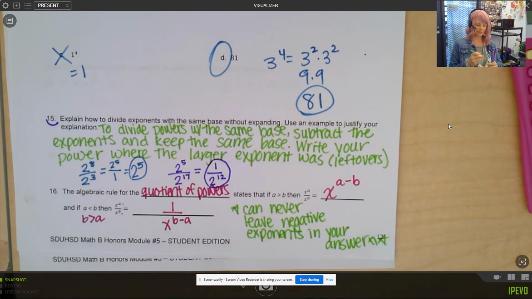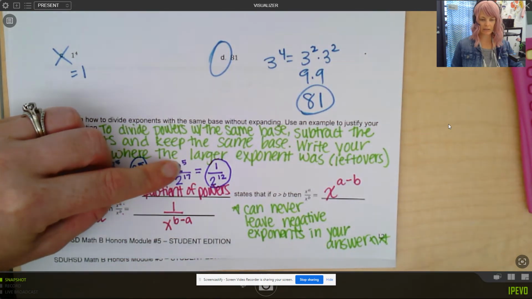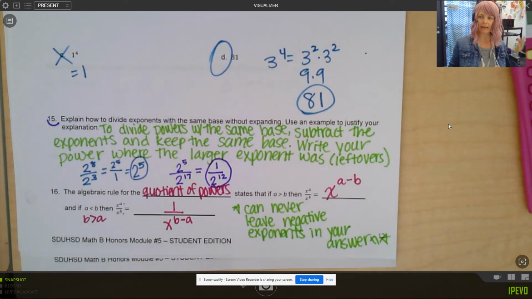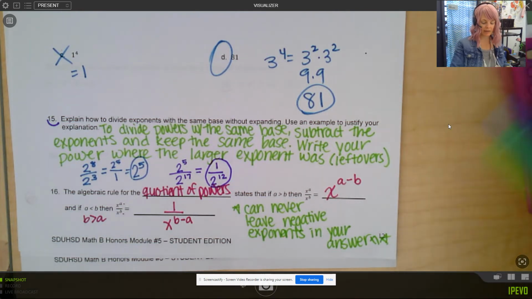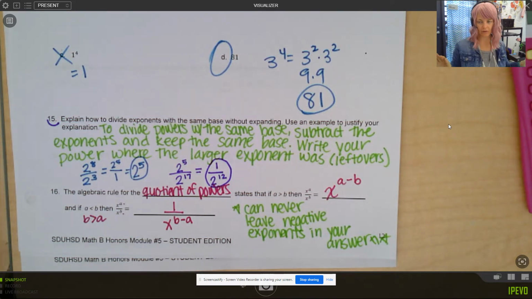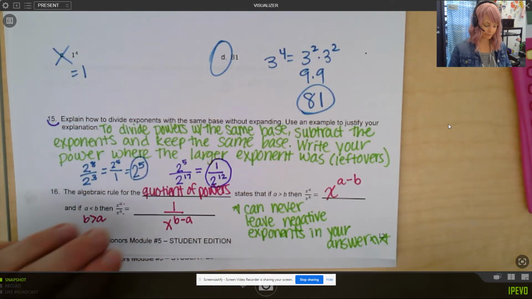So if you were up here and you're like, oh, I just subtract 5 minus 17 is negative 12, you can't have negative exponents. We'll deal with them in a couple days, but right now, no negative exponents in your answer. And for the whole module, if you leave a negative exponent in your answer, it is not simplified all the way and is considered wrong.